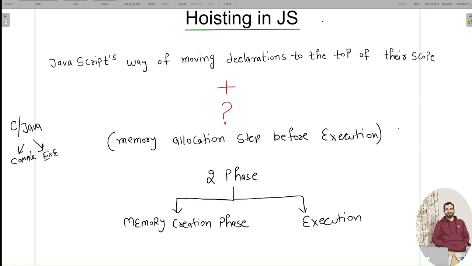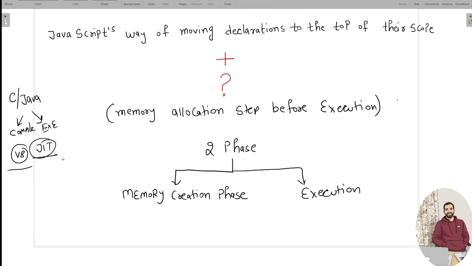In the compile phase, all the things happen, and then we have the execution phase. In JavaScript, we have modern engines like V8 that do just-in-time compilation, and there is no extra compiler we need for JavaScript.